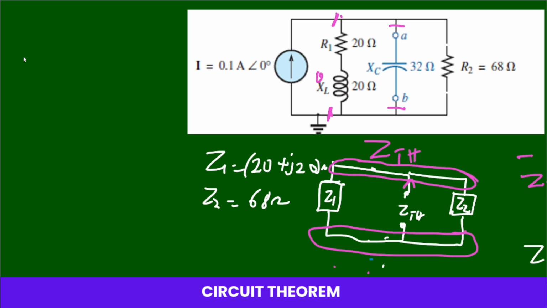We are saying that anytime you are looking for the value of ETH, all sources are going to remain as they are, right? And then you move further to analyze the circuit. So this one is I, and then I is in parallel with Z1, okay?